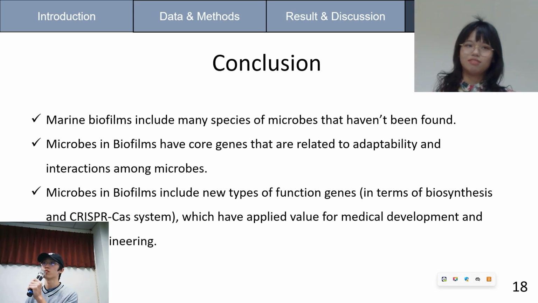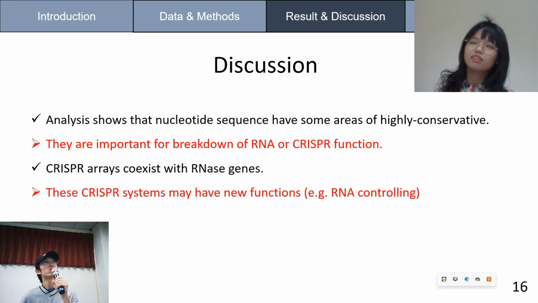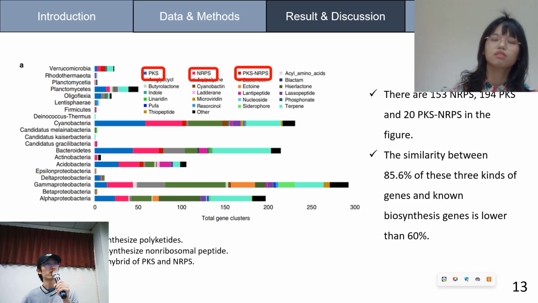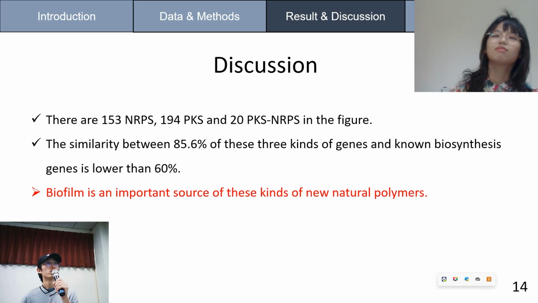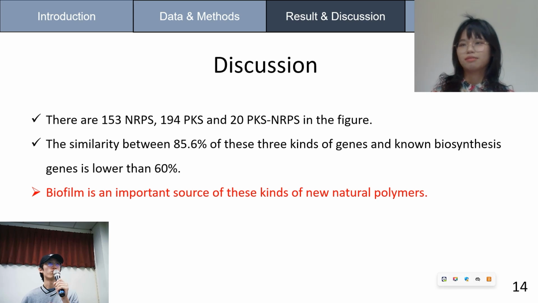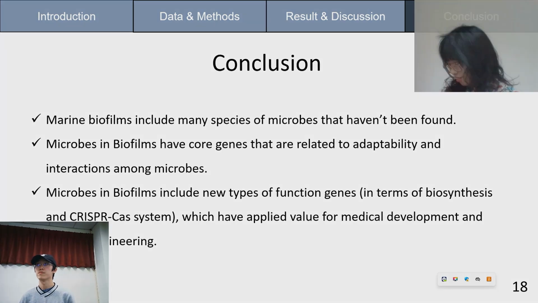Yes. And what's the second question? We say importance, right? Yes, I think it's the same answer as the first question. And you ask why choose these three gene clusters? It didn't mention it, but I think they will synthesize some new natural polymers, and maybe it's important for medical development. Yes, and I'm not quite sure why it chose these three gene clusters. Okay, thank you.